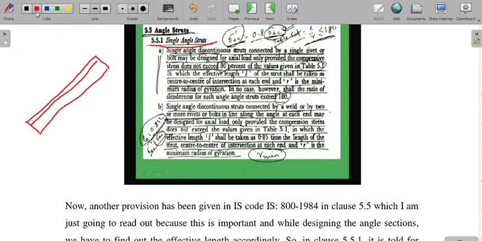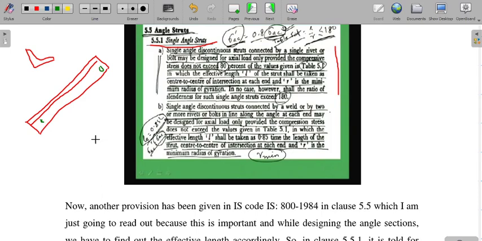In the case of a single angle strut, what is the guideline given in the code book? First, write down number 1, or A: single angle strut connected by a single rivet or bolt. Either there is a single rivet on this side, or on this side, or a bolt. In this case, what will be the effective length?